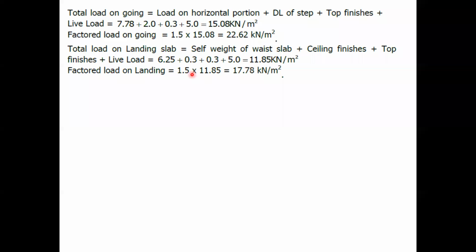So is there any doubt in understanding these steps for going and landing? It won't change for any of these problems. This formula will remain the same, only the values will change. Is there any doubt? Pooja, Khalid, Geeta? No, sir.